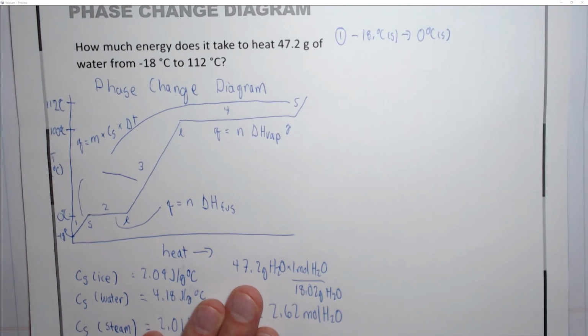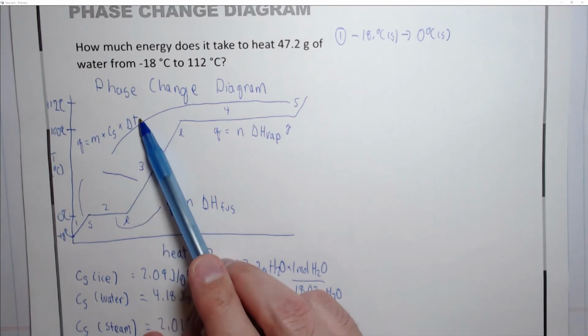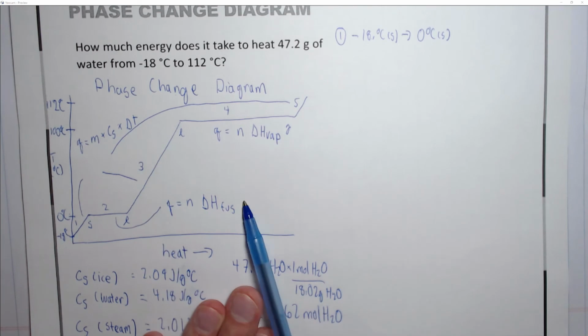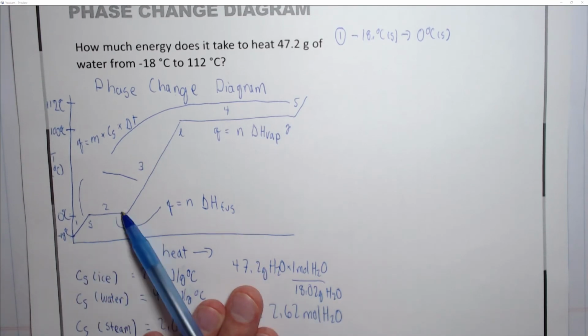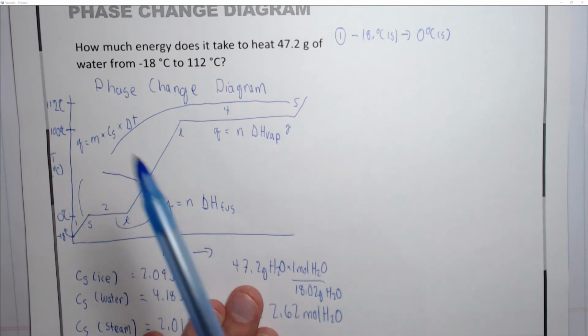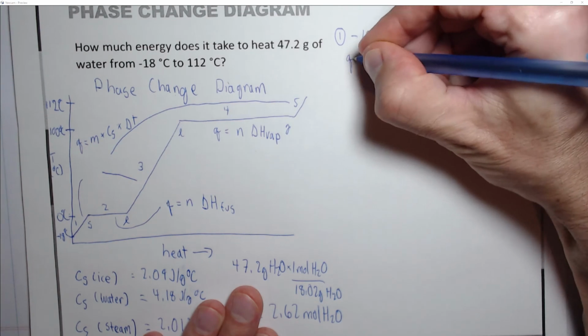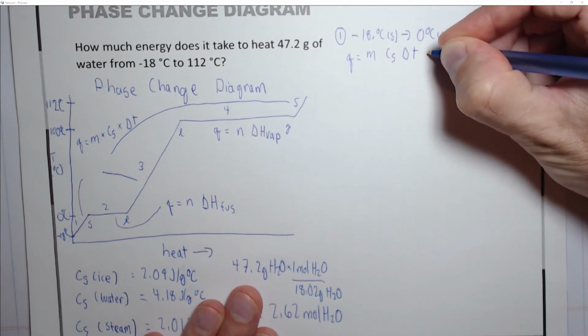Because there is a change in temperature, we went from minus 18 to 0, I'm going to use the equation that has change in temperature. Notice this equation has change in temperature and this one doesn't. For the sloped ones that don't have a flat slope, we use this equation: Q equals M C sub S delta T.